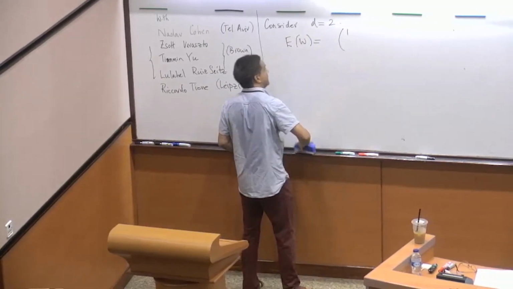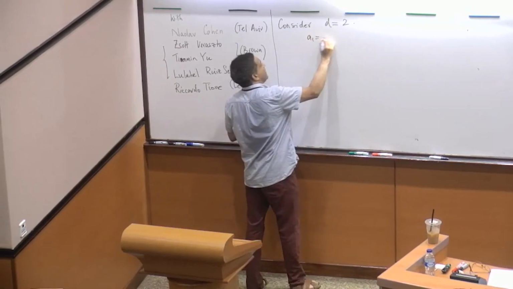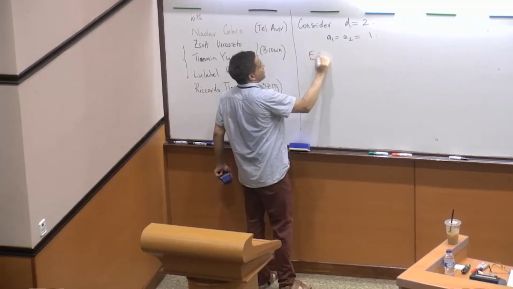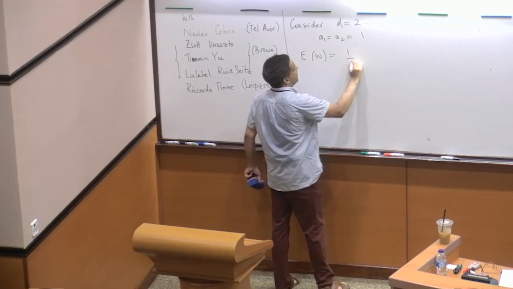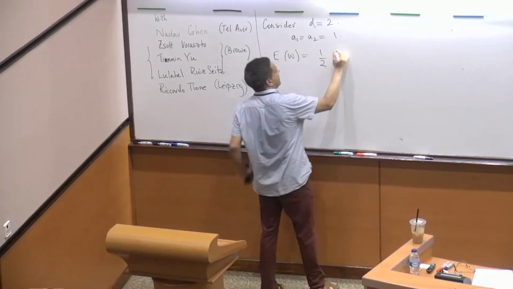So let's say A1 is equal to A2 is equal to 1. So we are looking at this energy function, one half of this. You can write it out completely explicitly.